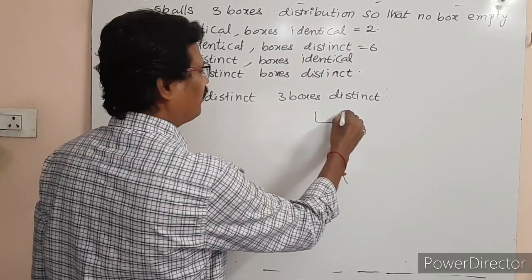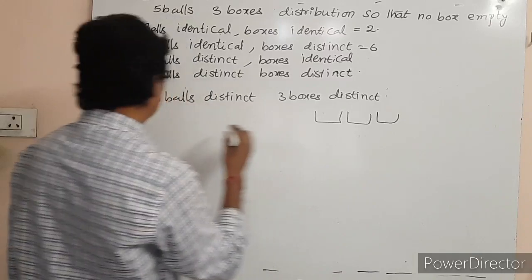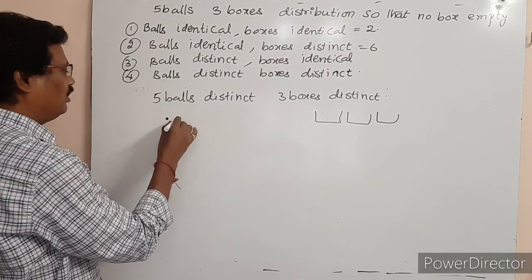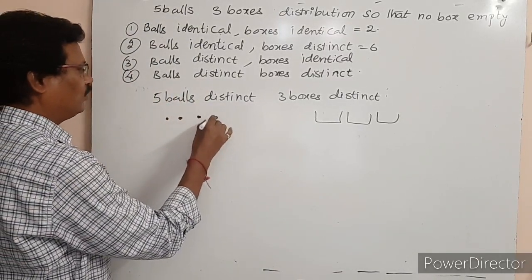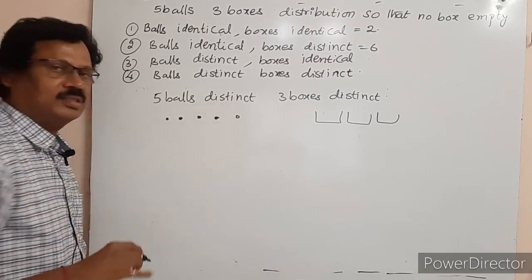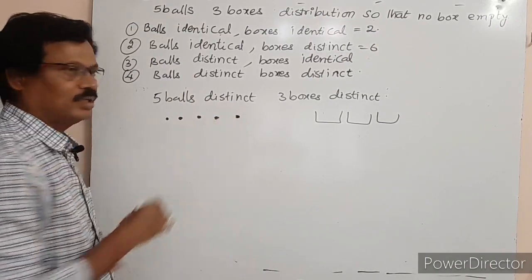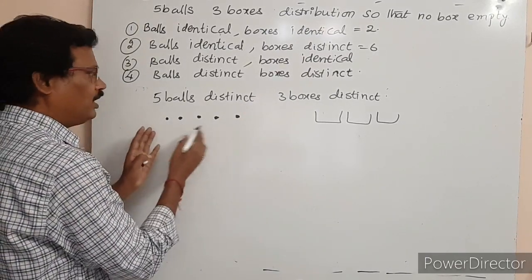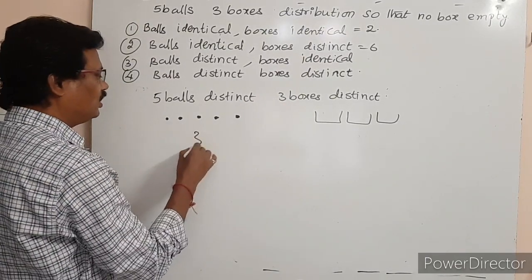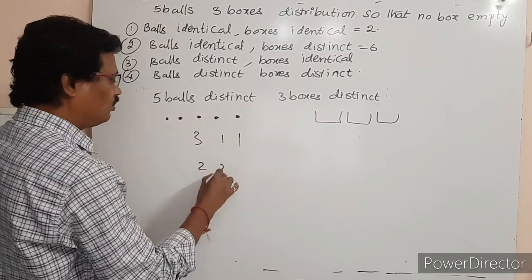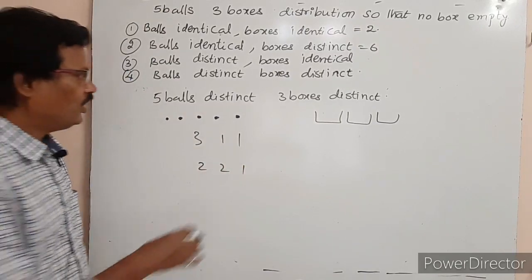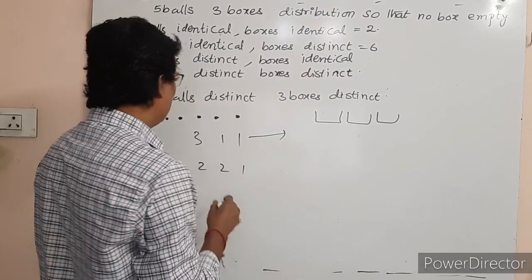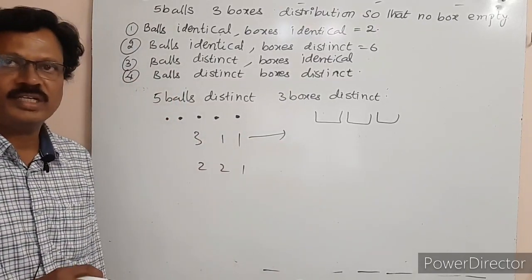These are the 3 different boxes. These are the balls, 1 2 3 4 5 distinct balls. Now, so that no box is empty, we can write into 3 groups, 3 1 1, next is 2 2 1. 3 1 1, if I write this one, the total 5 distinct balls are there.